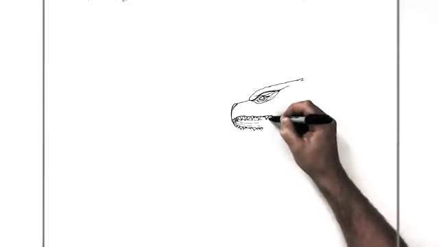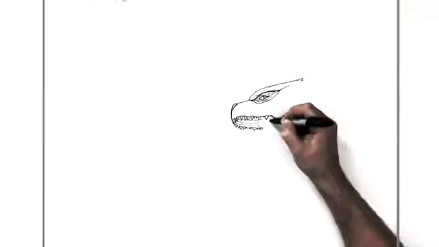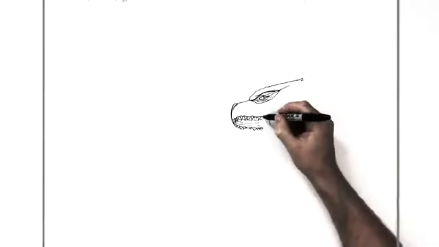So in the side of his mouth, that sort of fleshy thing that holds his mouth together, kind of here.